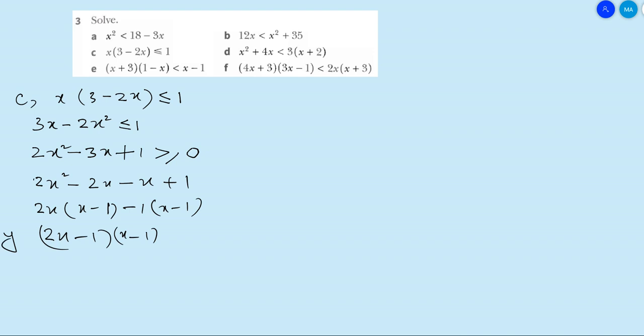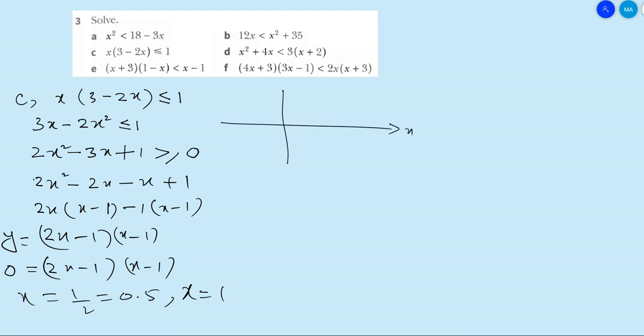Take this one equal to y and put y equal to 0. So 2x minus 1, x minus 1. From here, x is equal to 1 upon 2, which is 0.5. And this x minus 1 shifted over there, it will be x is equal to 1. So we have two values, x is equal to 0.5 and x is equal to 1.